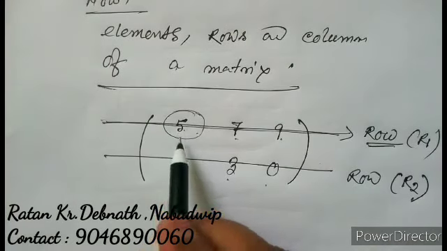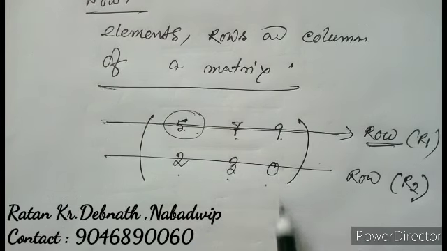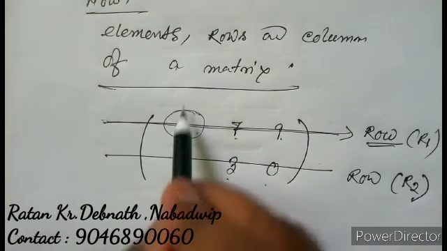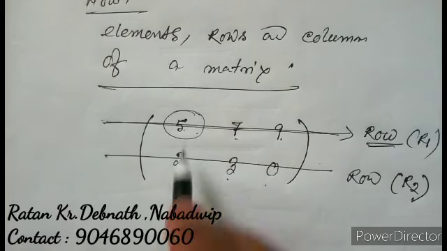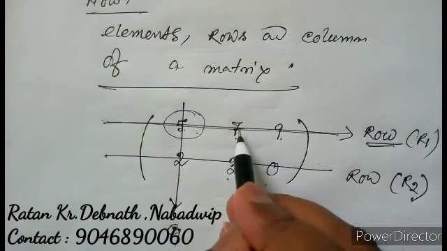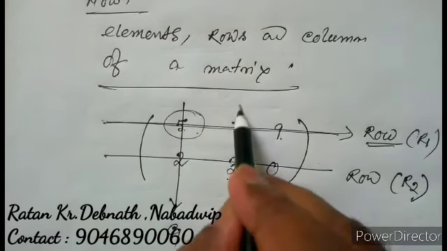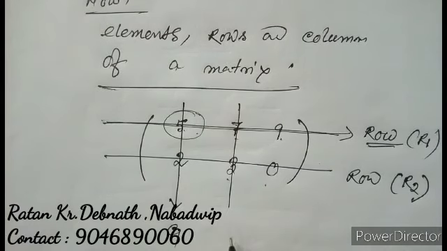These two numbers, that is 5 and 2, 7 and 3, 9 and 0. These first two numbers, 5 and 2, make a column. We call it simply C1. These two elements 7 and 3 make another column.